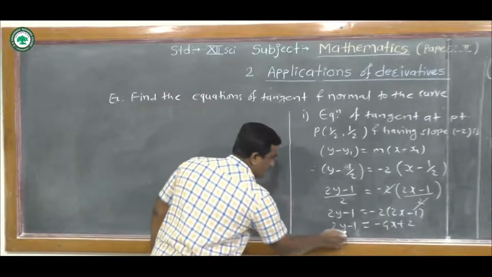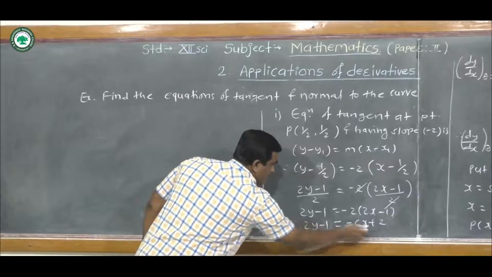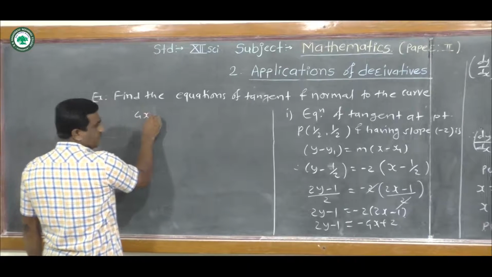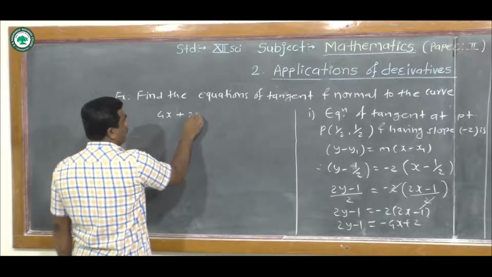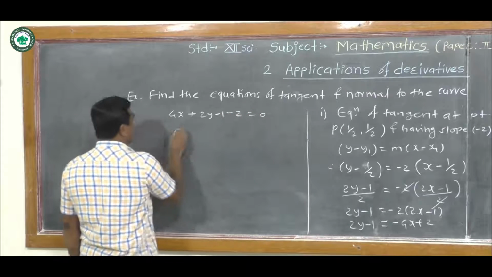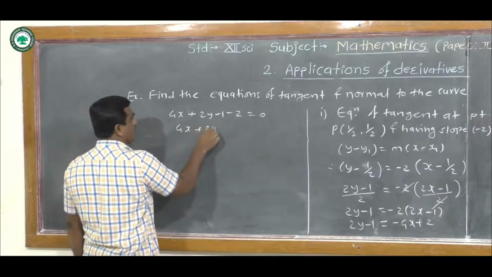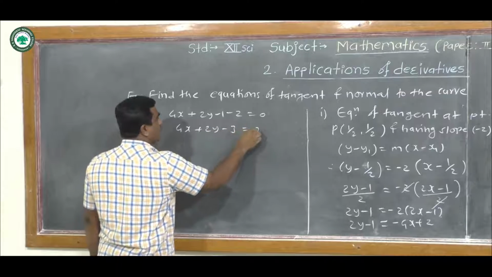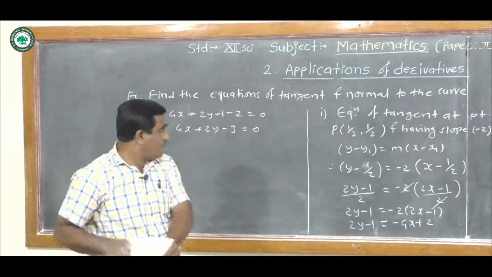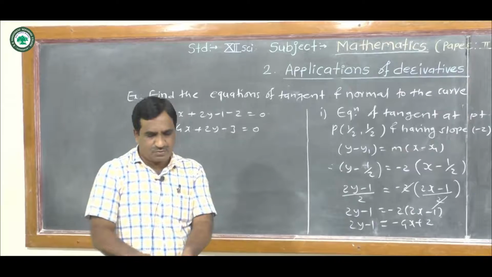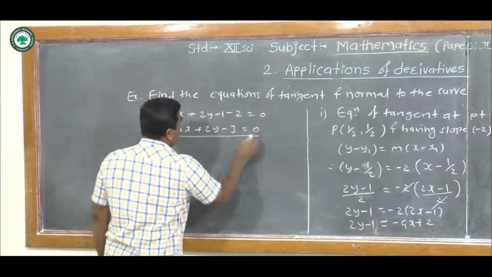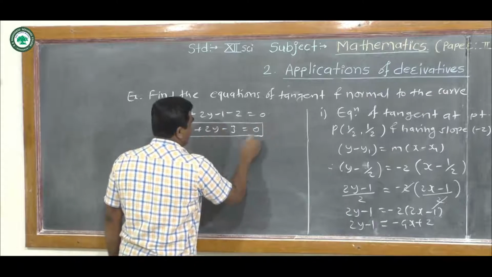Take these two terms, minus 4x plus 2, to the LHS, then we can write 4x plus 2y minus 1 minus 2 equal to 0. That is 4x plus 2y minus 3 equal to 0. This is the required equation of tangent.